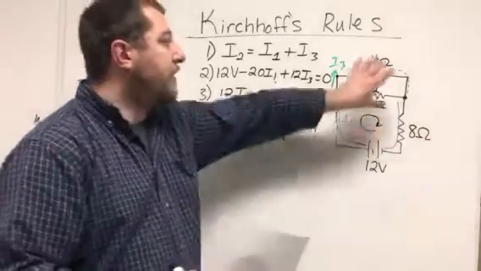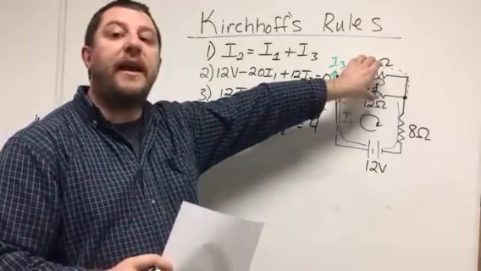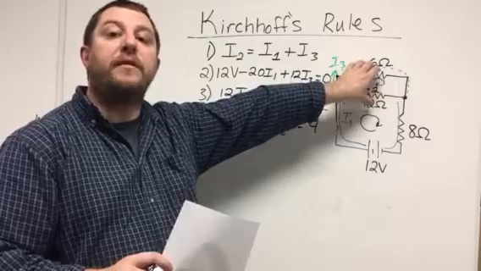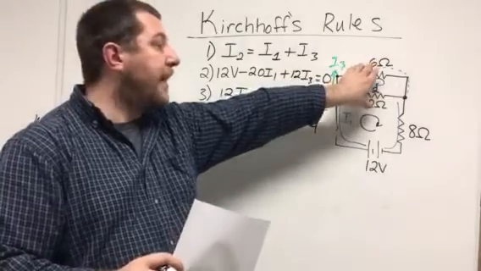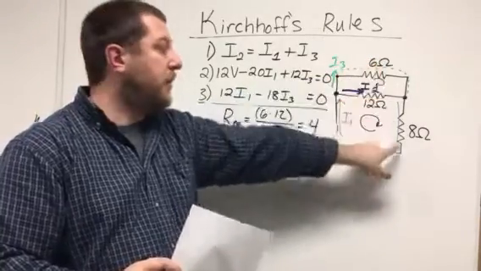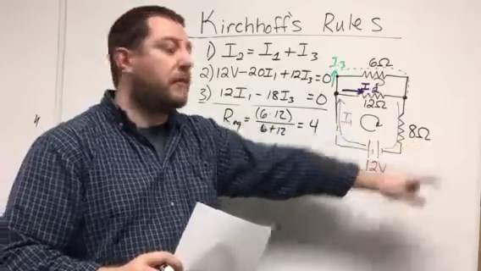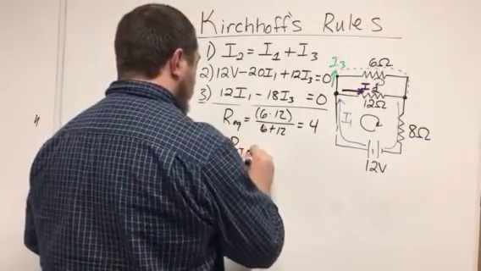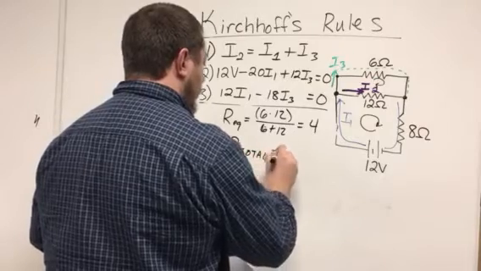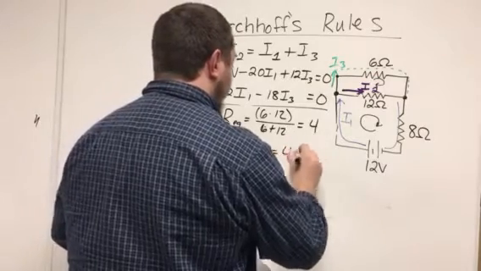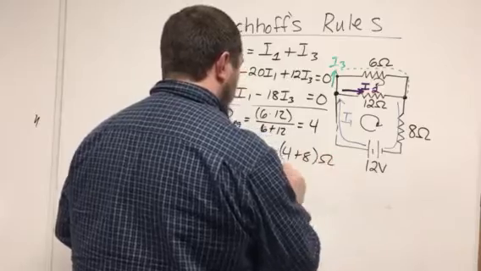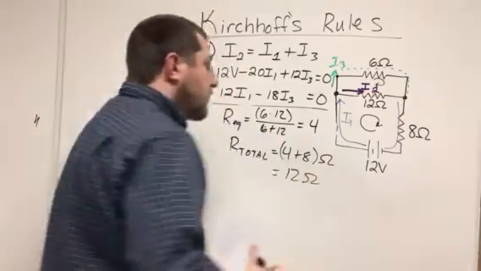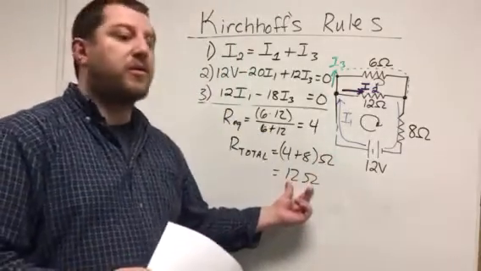Okay, so this combination has an equivalent resistance of 4 ohms, and that combination is in series with this 8 ohm resistor, and so the total resistance in the circuit would be 4 plus 8 ohms, which is 12 ohms. So the total resistance in the circuit is 12 ohms.